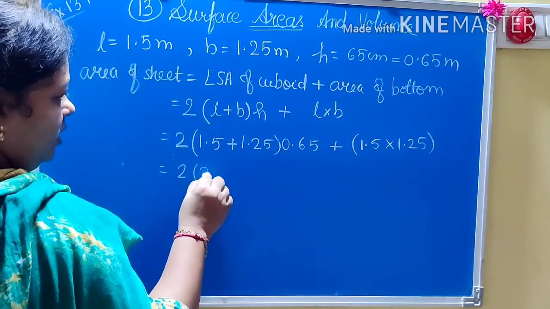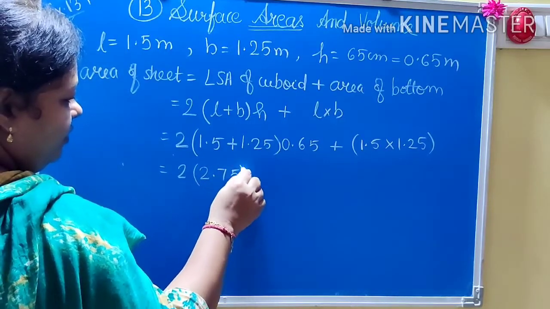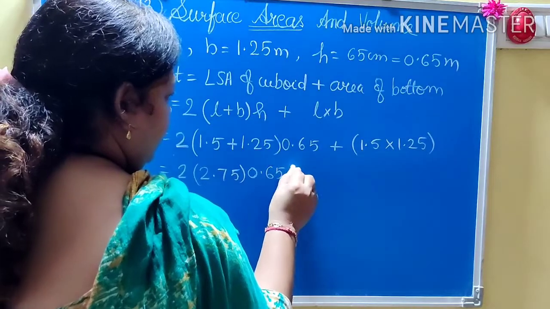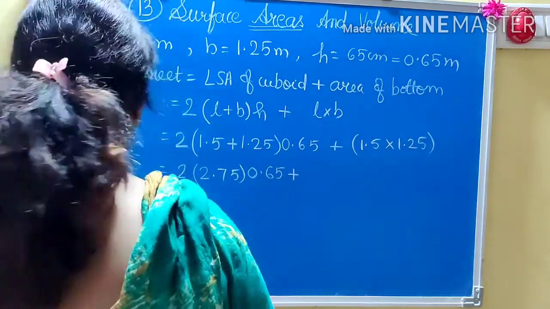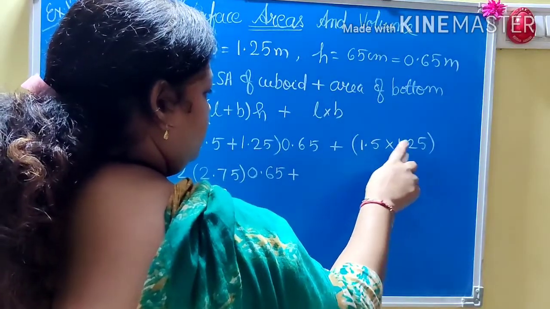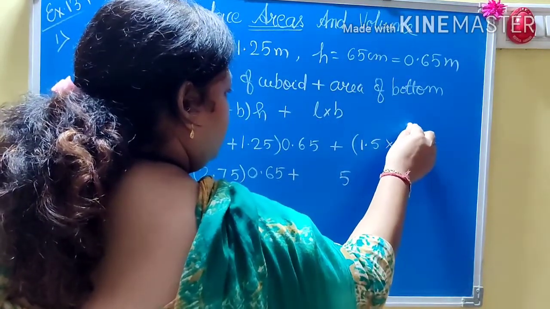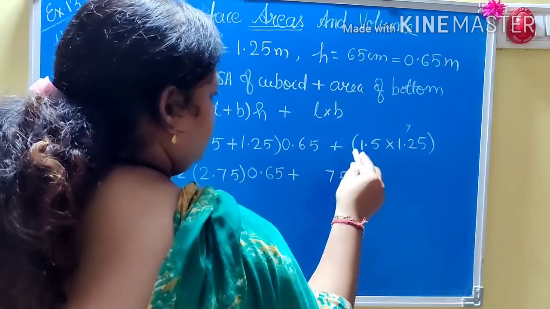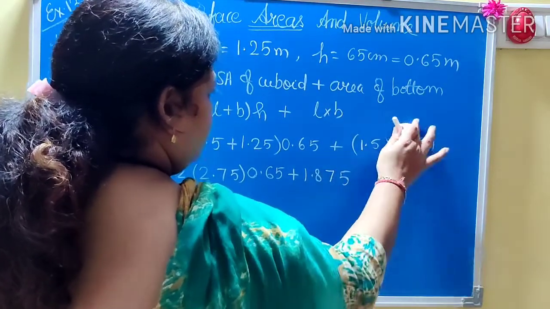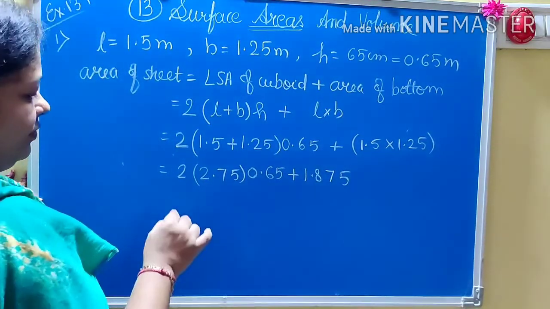This will be 2.75 into 0.65 plus this multiplication. 1.5 into 1.25 is 1.875.